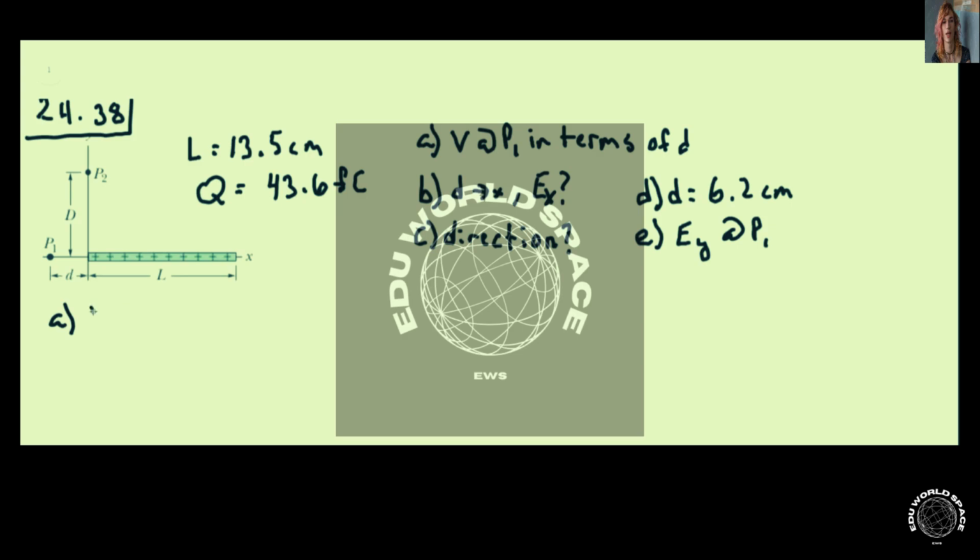So in problem 28, we found that you get this form for the potential. It's a natural logarithm.